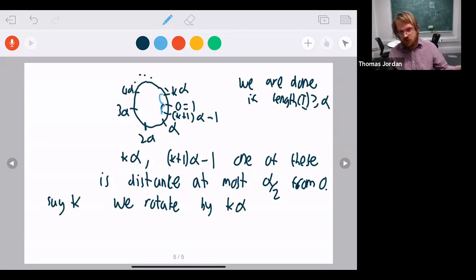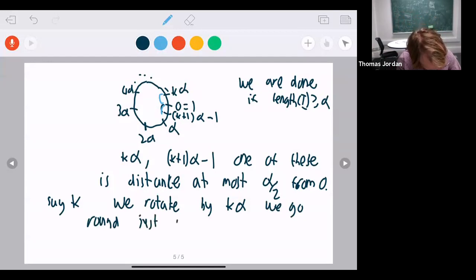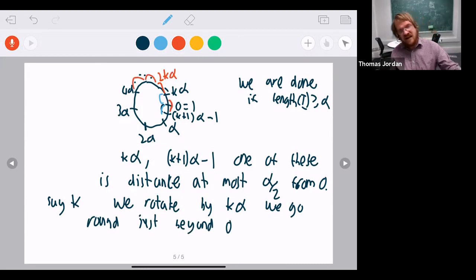But then we do the same trick. We go round just beyond 0, and in this case that would be going anti-clockwise, so it would go 0 to k alpha, then 2k alpha, keep going, but eventually we'd end up on the other side of 0.